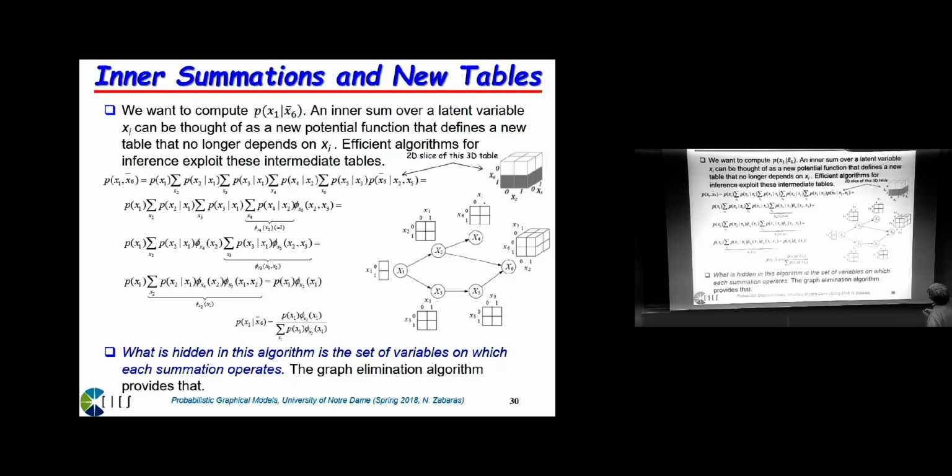So obviously, to do this calculation, we have to find the joint of x1 and x6. And I write this as a joint, even though x6, you notice, is prescribed, okay? So what I do is the same trick by pushing the summations inwards in the variables 2, 3, 4, 5.